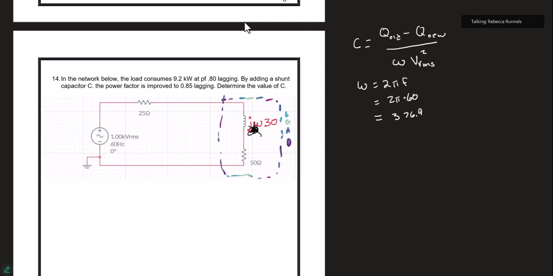And let's see. So our Q old is 9200, power factor 0.80, and we know that our new power factor has to be 0.85, so we'll have, let's see.